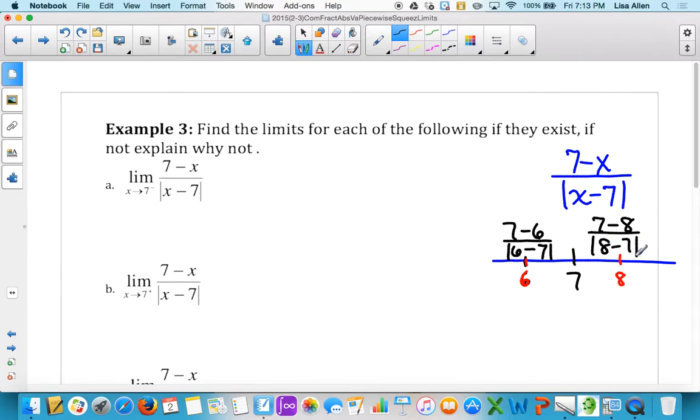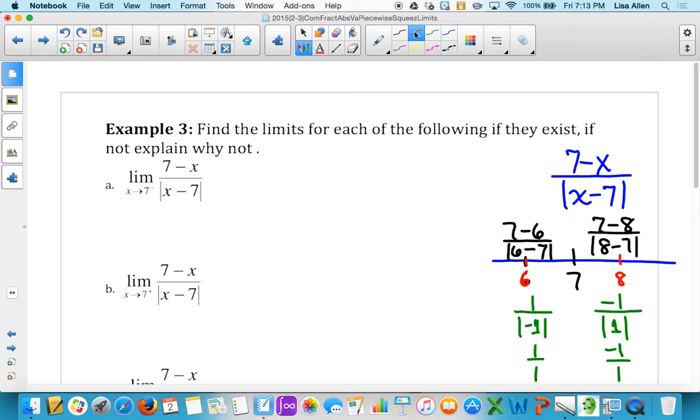So clearly you can see on the left-hand side, you get 7 minus 6, which is 1, over the absolute value of negative 1, which is 1 over 1. So we know that that's 1 on the left-hand side. On the right-hand side, we get 7 minus 8 is negative 1 over the absolute value of just 1. So that's going to be equal to negative 1 over 1.